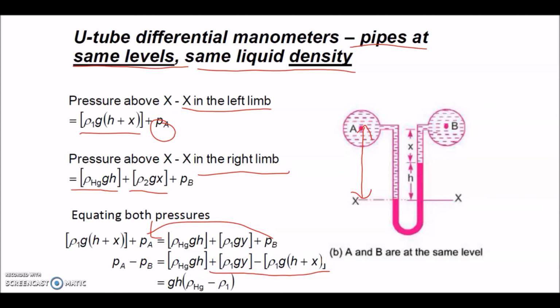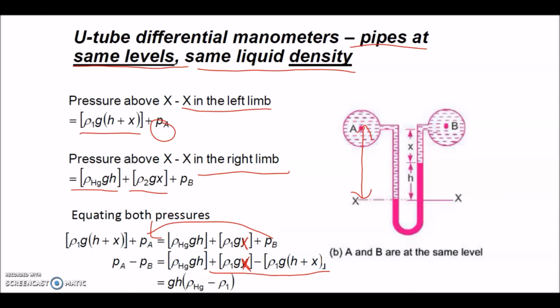And then you get density Hg minus density 1. Okay, this one is a bit wrong. So this is X, this is not Y. We don't have Y here. So this is still X, this is X. Okay.